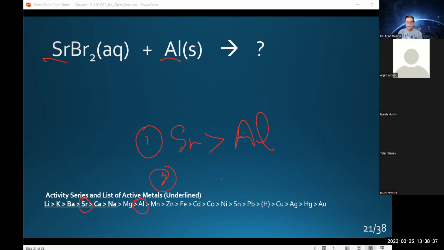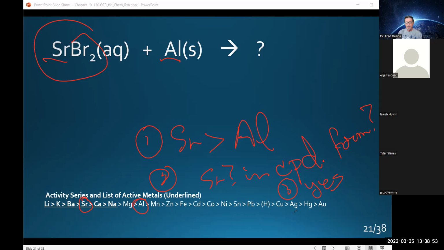And is strontium in compound form? The answer to that is yes, because it is strontium bromide. Therefore, that implies NR, no reaction, for this particular chemical equation. No reaction because strontium is a lot more reactive than aluminum, and the most reactive metal is already in compound form.